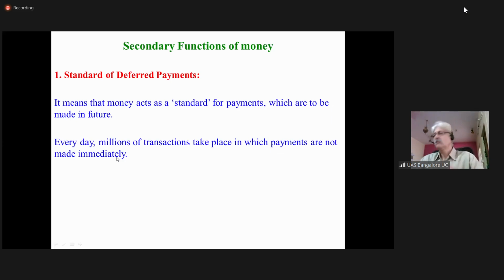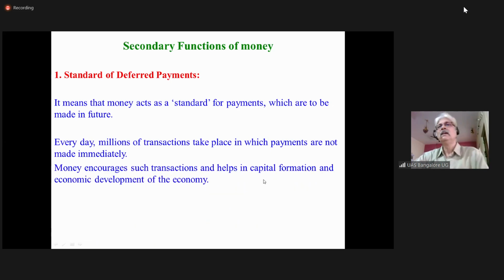Millions of transactions take place in which payments are not made immediately. Money encourages such transactions and helps in capital formation and economic development of the economy.